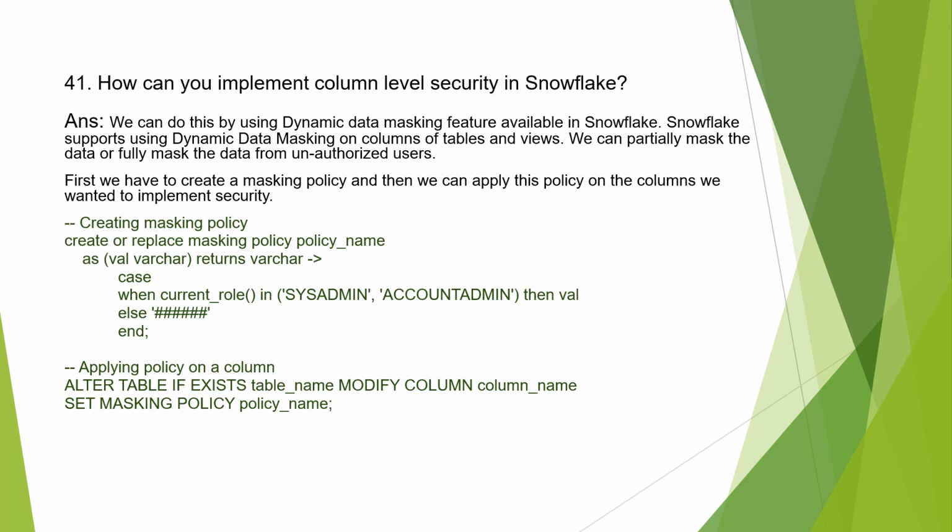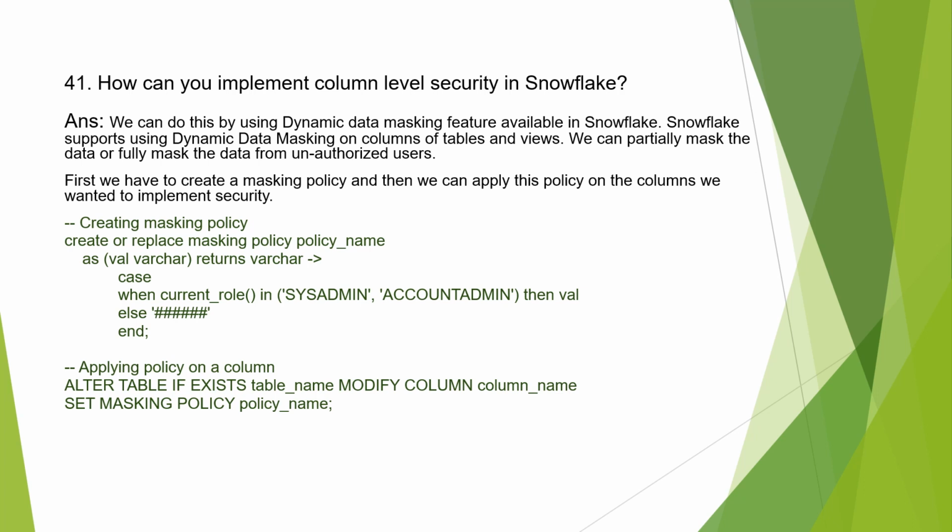If I want to partially mask the data, I can do that. If I want to fully mask the data, I can do that. So we have something called masking policies. First of all, we have to define masking policies. That means we have to define who is the authorized user to see the data and who is the non-authorized or unauthorized user.